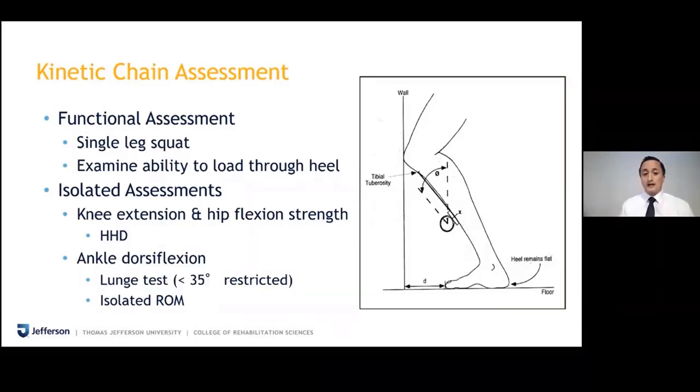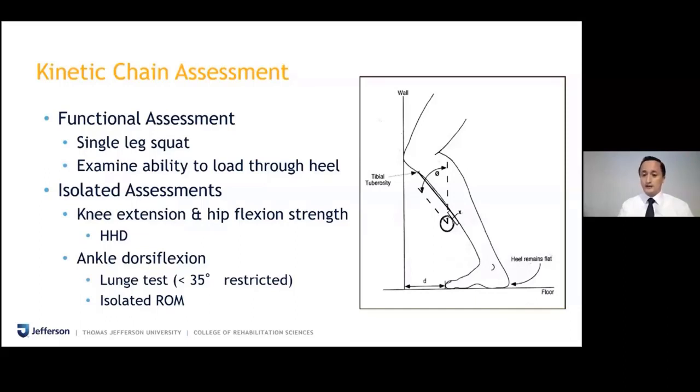And then we could look at ankle dorsiflexion. Sometimes just being very tight in our ankle will affect how we can squat down. We know Achilles tightness and things like that, because of heel lifts in most shoes that we wear, could be a factor. A little more of a functional test is a lunge. You can see that here.